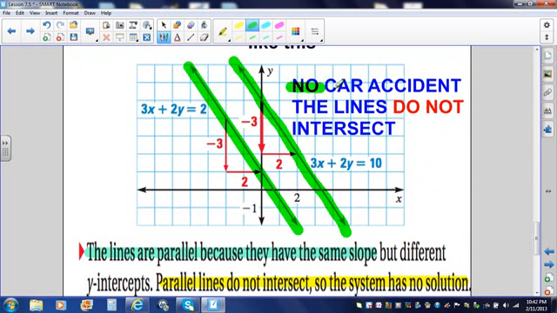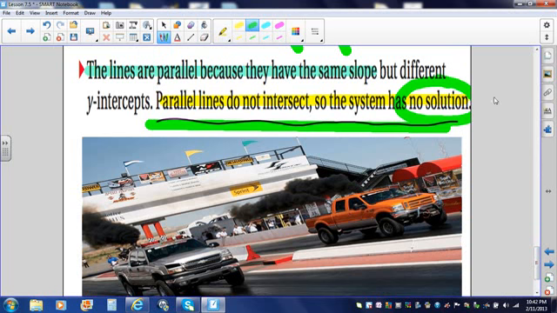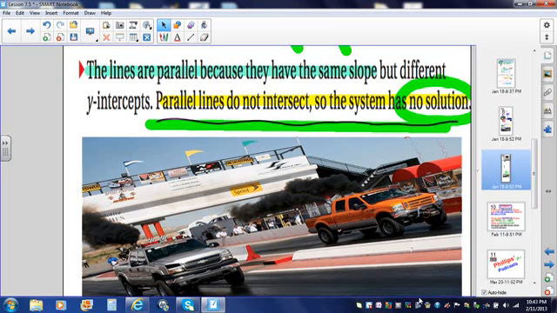There is no car accident because the lines do not intersect. So now, please write on your paper, parallel lines do not intersect, so the system has no solution.